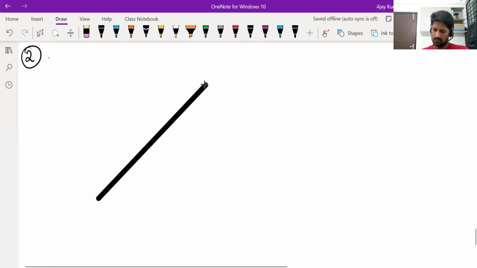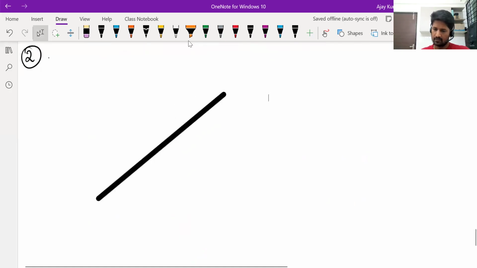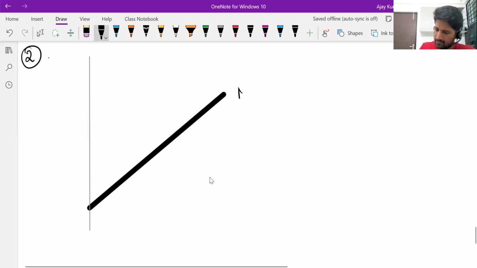Now consider a rod which is inclined at an angle like this. This is slightly tricky. The rod's mass is m, length is L, but the rod makes an angle alpha with this axis.